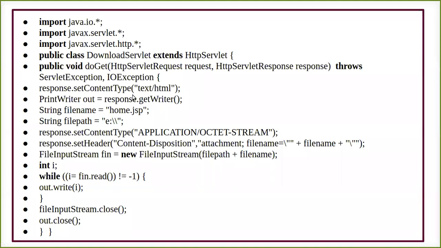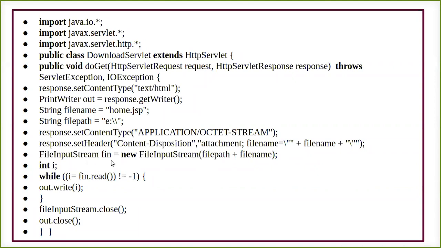For the client we have decided this content type, and we want the home.jsp file to follow the parameter which we have decided, application slash octet-stream. This is going to encode your file, and then it is going to use some stream classes to pass this JSP file over the network and make it available for the client.